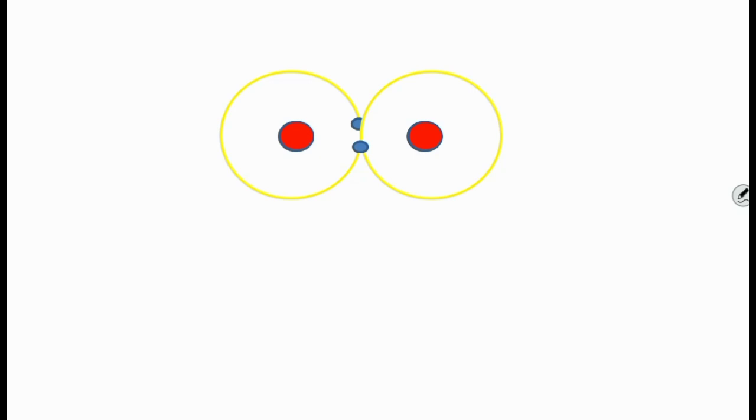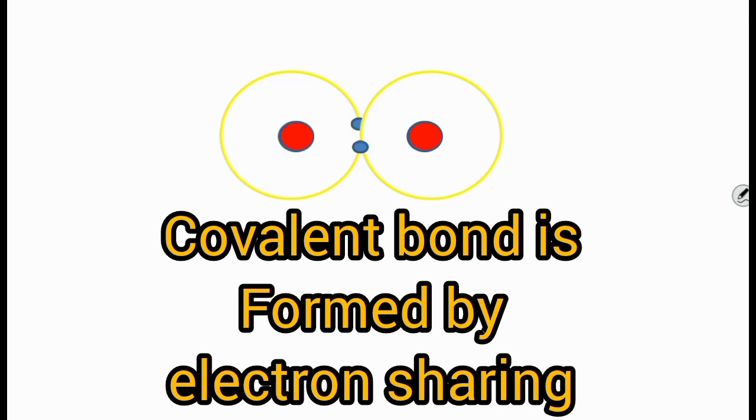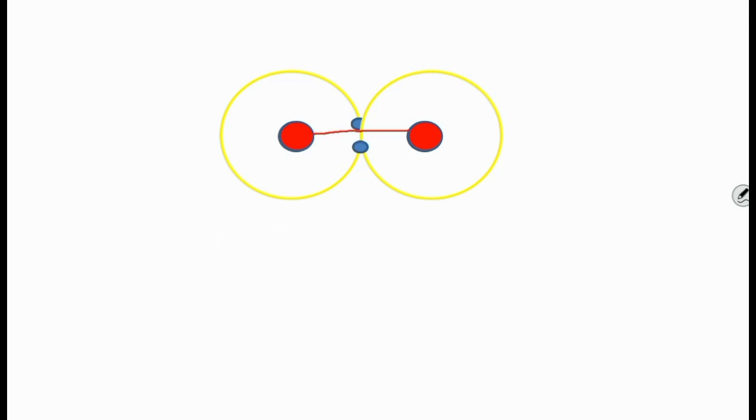The main point here is that the distance between the nucleus of one and the other is what we regard as the atomic size. Like I said, the distance between the nucleus of one atom and the other that are covalently bonded together is what we regard as atomic size.